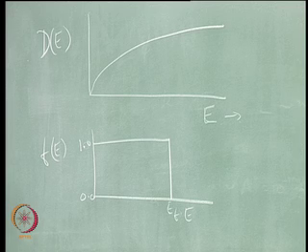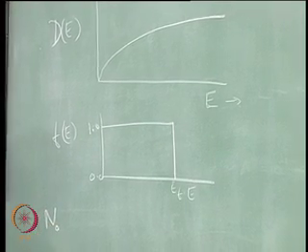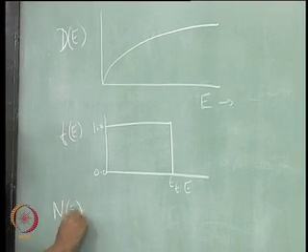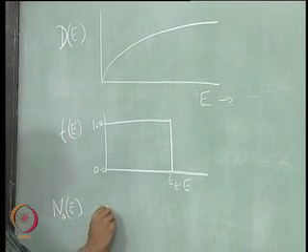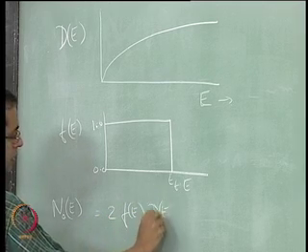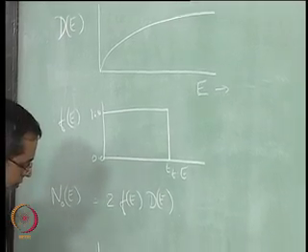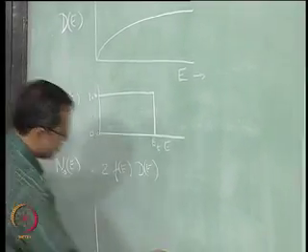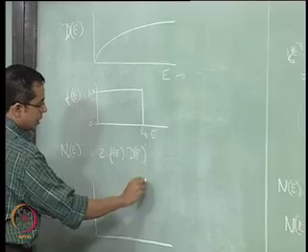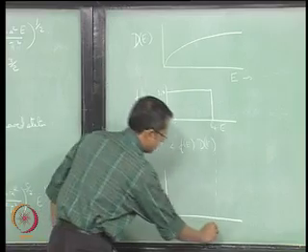Therefore the density of occupied states, so we will say n occupied, n subscript O, up to an energy level E, is simply 2 times f of E d of E. That plot will look something like this. Assuming we draw it to the same scale, we can say this is EF.